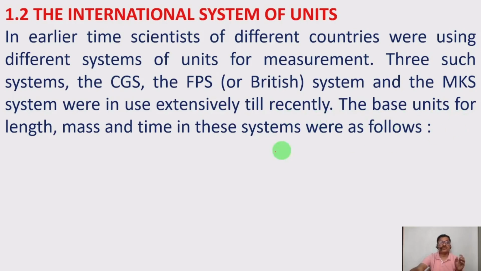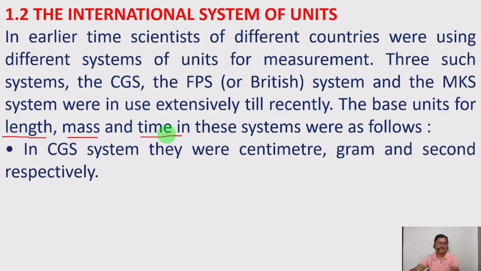The base units for length, mass, and time in these systems were as follows. Length, mass, and time are the base units we are going to take, and in these three systems there are base units for these physical quantities.